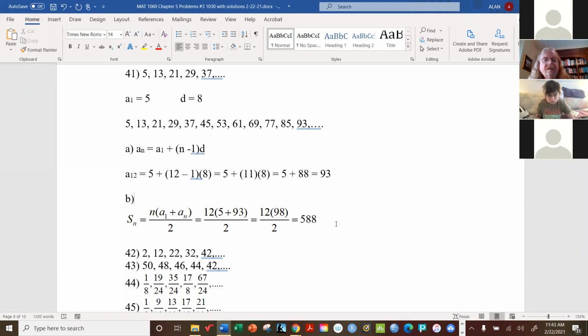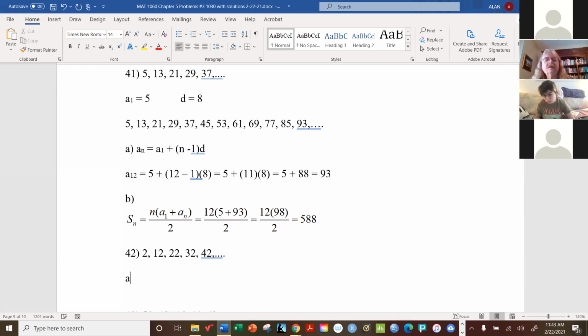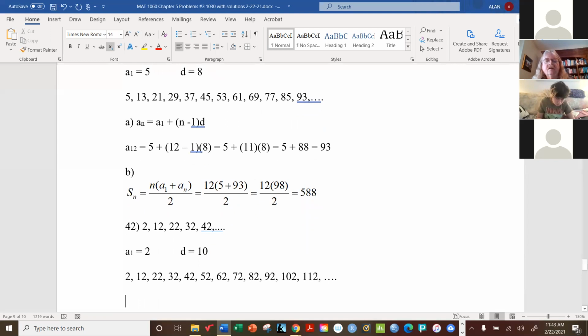All right. Now for this next one, we can see that A1 is 2 and D is 10. So if we continue to write out this sequence, there we go. So those are the first 12.